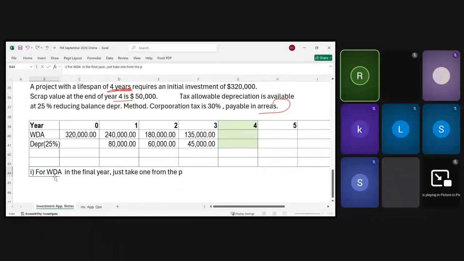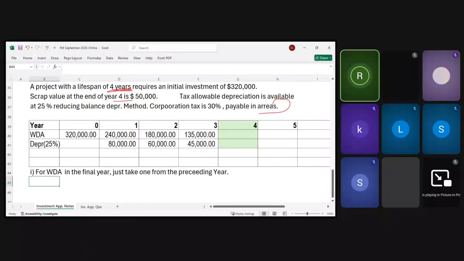We don't calculate WDA the way we calculated from year 1 up to year 3, but in the final year, we take the one that we have in year 3.